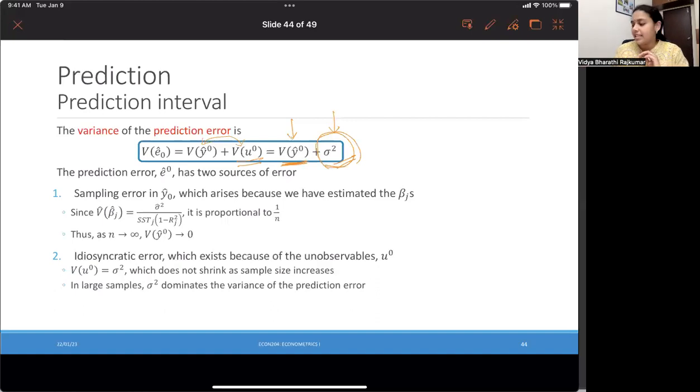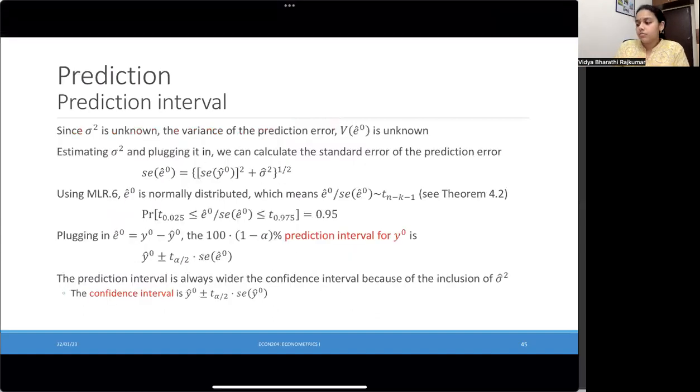Now let's move to an example and see how to compute this error variance. So we know that variance of E naught hat is variance of Y naught hat plus sigma square. But we're going to estimate this sigma square using sigma hat square.